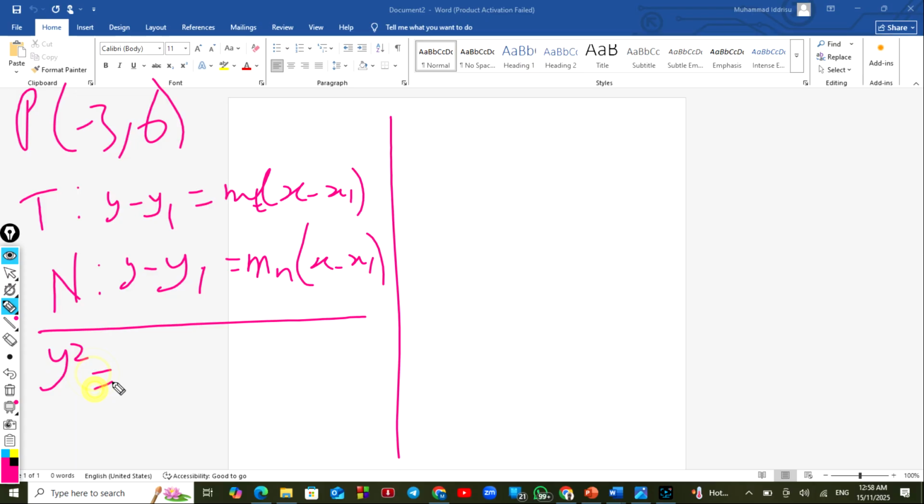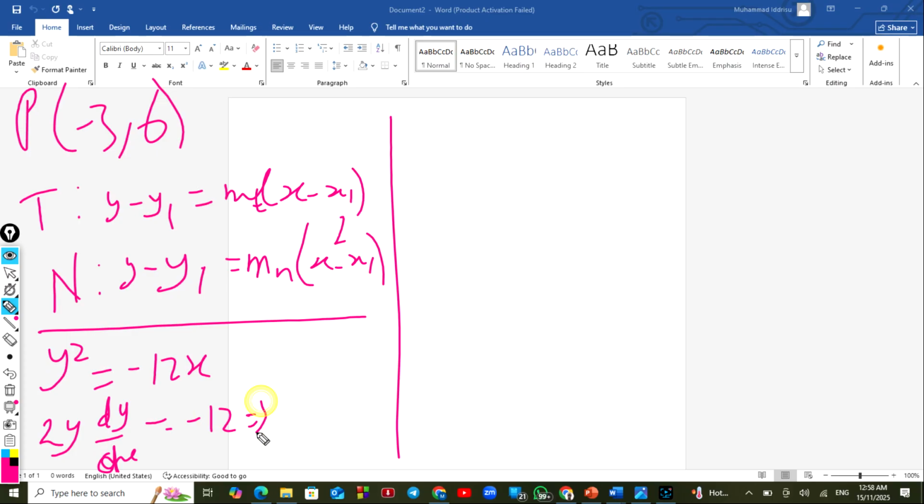Okay, so our parabola is y squared is equal to minus 12x. Let's find the gradient. We can differentiate this to find the gradient. If we differentiate this implicitly, the implicit differentiation will give us 2y dy/dx is equal to minus 12.